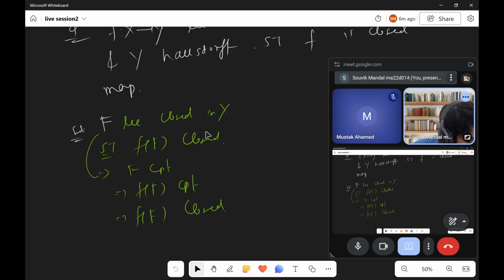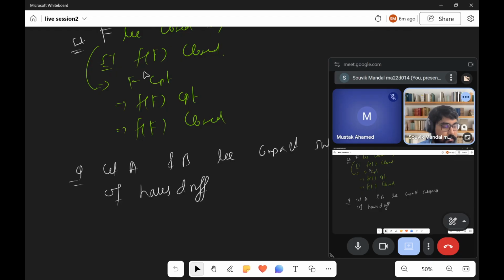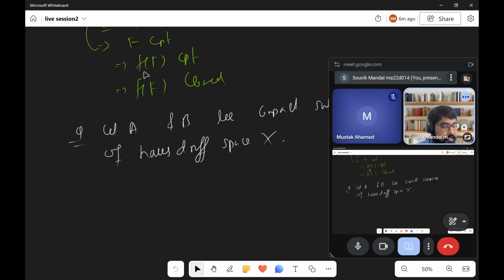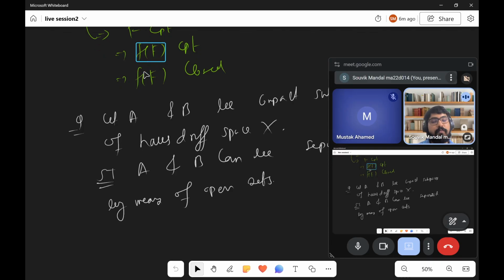The next problem is that, let A and B be compact subspaces of a Hausdorff space X. Show that A and B can be separated by means of open sets.